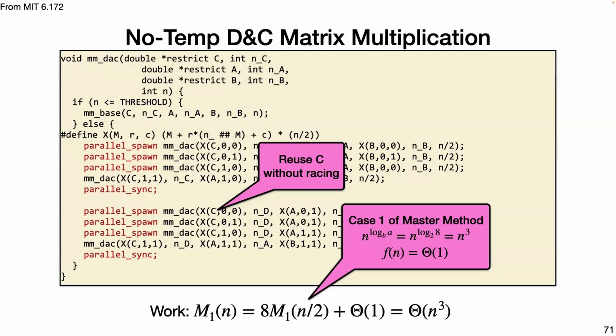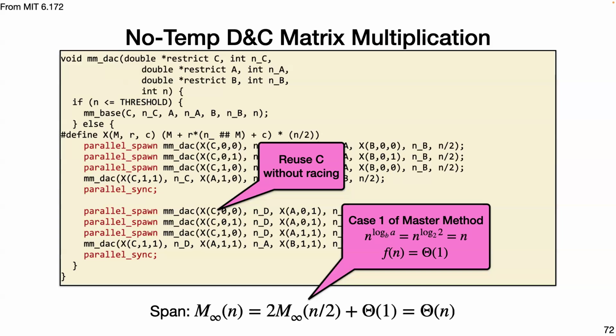So it doesn't save us asymptotically in the work, which kind of makes sense because subcubic matrix multiplication is harder than this. But we did pay something in the span. So previously, this was 1 out here because we had 8 subproblems that could proceed independently. But now we have 2 blocks of problems that can proceed independently.